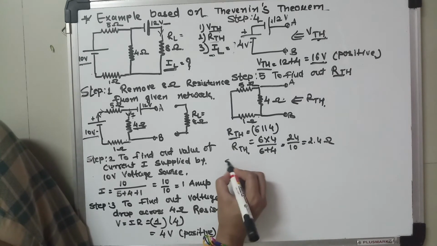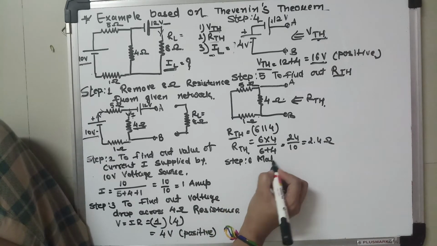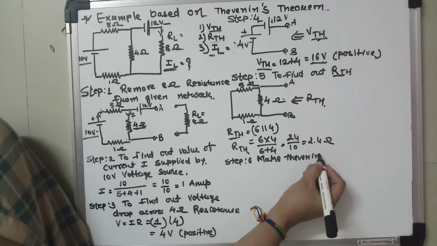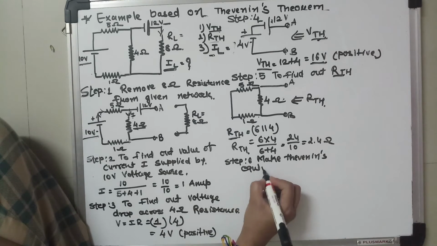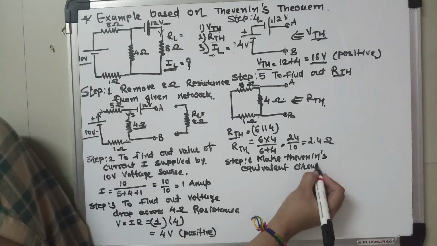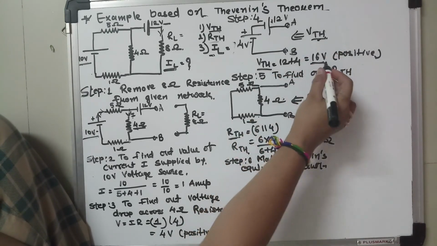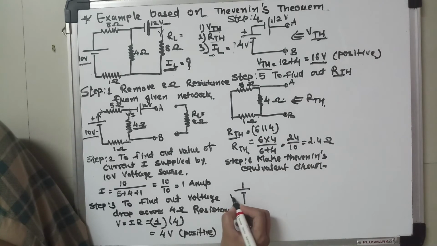Now step number 6. Make the Thevenin equivalent circuit. How to make the Thevenin equivalent circuit? Simply connect a VTH in series with the RTH, that is the Thevenin equivalent circuit.